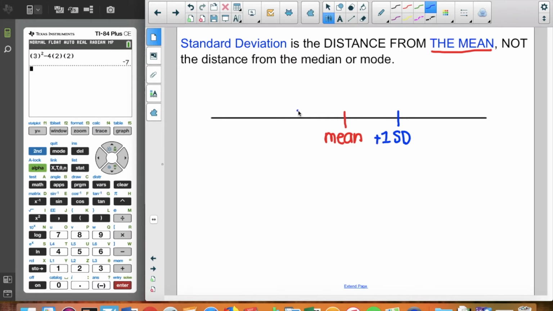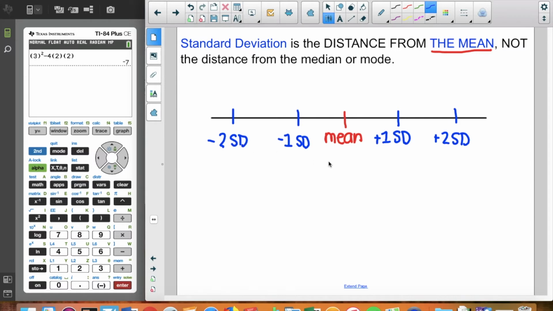Now, if you were to go one to the left, that will be a negative one standard deviation away. If you were to go one more standard deviation away, now you have plus 2 standard deviations away from the mean. And if you were to go one more in the negative direction, you would be at negative 2 standard deviations away.